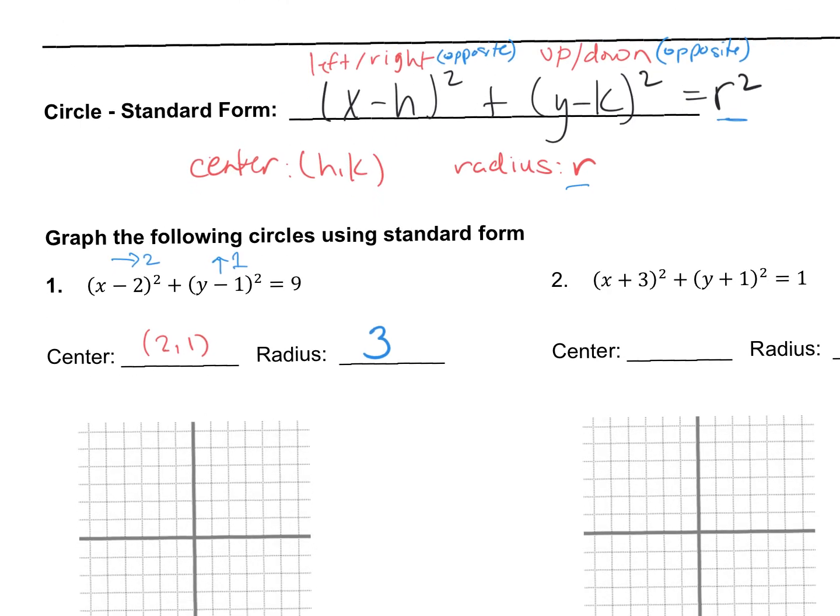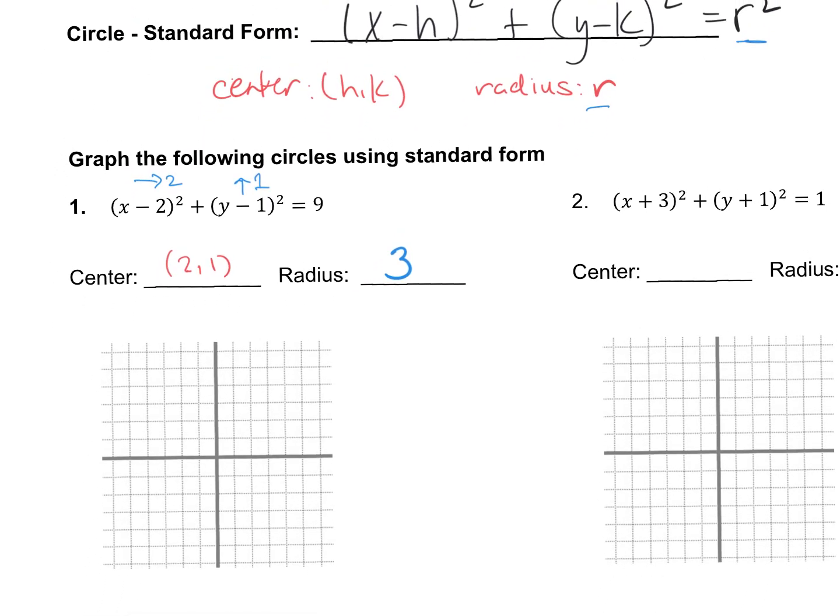All right, so now let's graph it. So we're going to graph our center at 2, 1. Can y'all see that color okay? That doesn't really help in here, does it? Fine on the iPad. Okay, and then now our radius is out 3. So from that center, go out 3 each way.